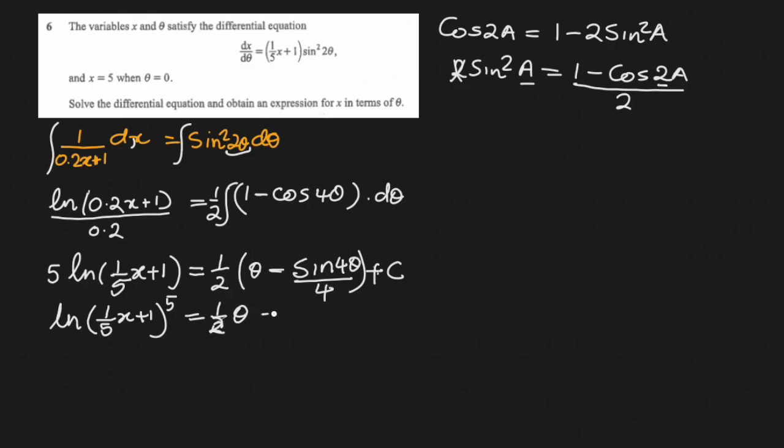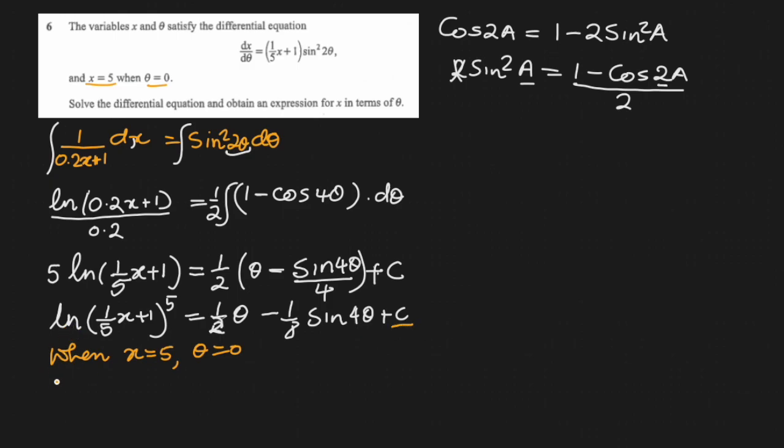Half times this will be minus 1 over 8 sine 4 theta plus c. Now we will use the information they've given, x equal to 5, theta equal to 0. So when x is equal to 5, theta is equal to 0, that will give us the value of c.